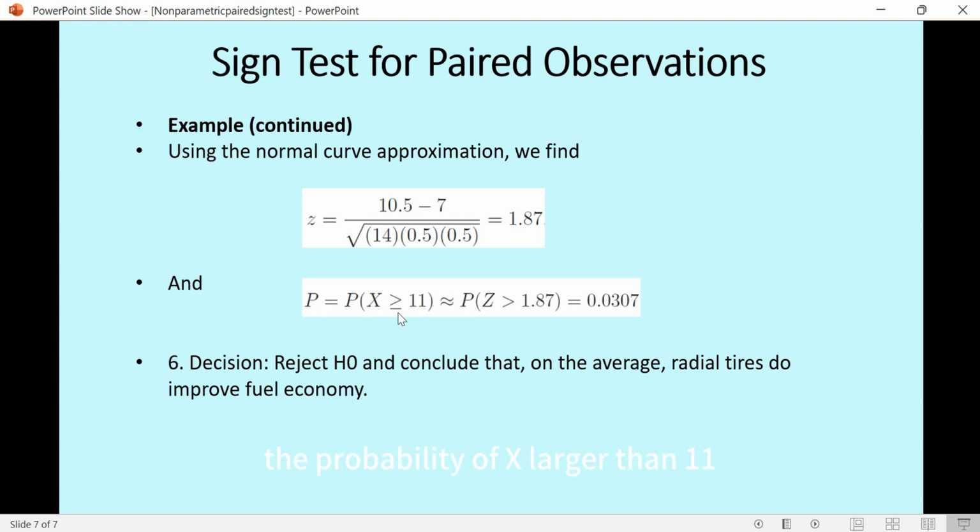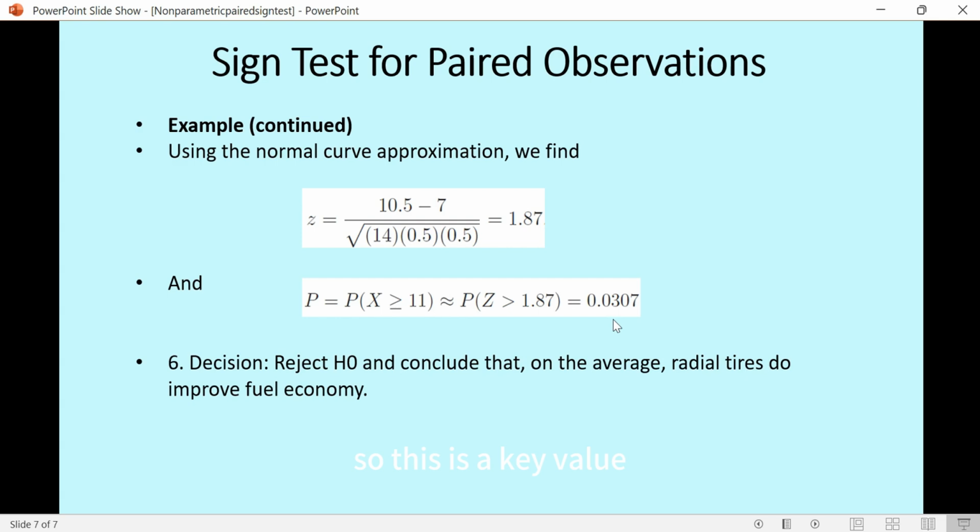The probability of X larger than 11 is approximately equal to the probability of z larger than 1.87 in a standard normal distribution. This probability is about 0.03, which is less than 0.05.